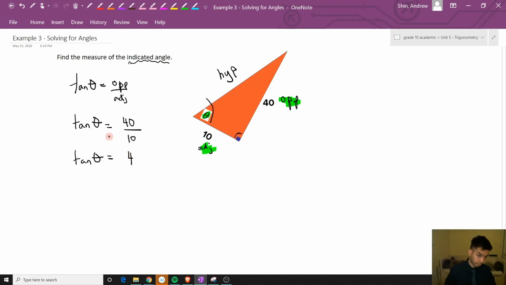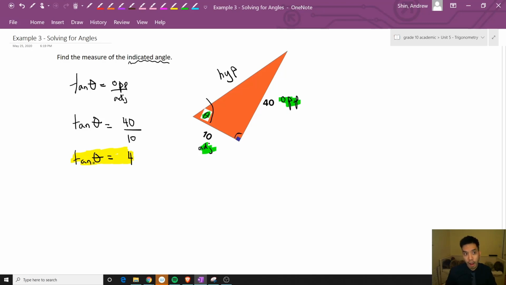So here is a very important step that a lot of students can solve, but some of their understanding is off. We need to isolate for theta. We need to get rid of tan. In order to isolate for theta, we need to do the opposite of tan.